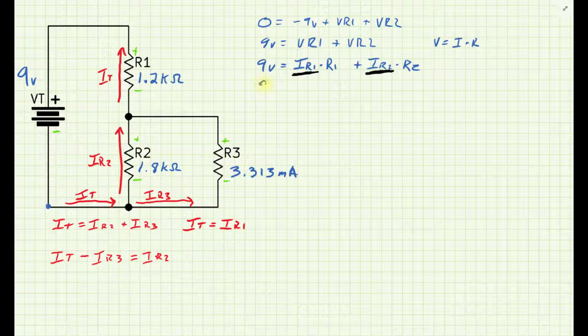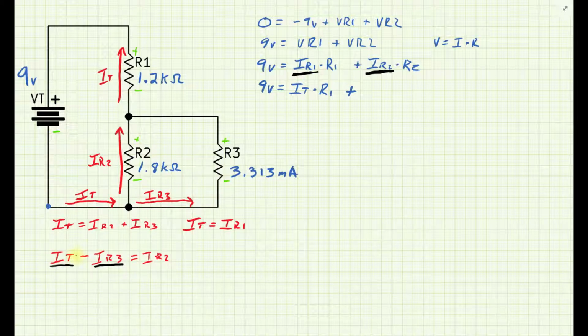So let me walk through this. I've got my 9 volts equals, and I've identified IR1 to equal I total. So I'll just say I total times R1. And then in this next term, this is where I might have to think a little bit more. I've got R2, which is known. IR2 is not known, but using some of my relationships, I solve for it. What I see is I can replace IR2 with something that I know and something that I don't know.